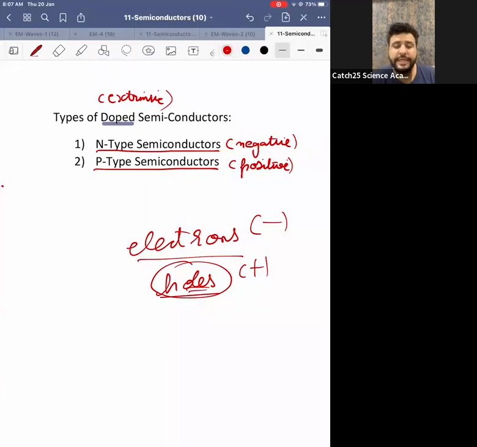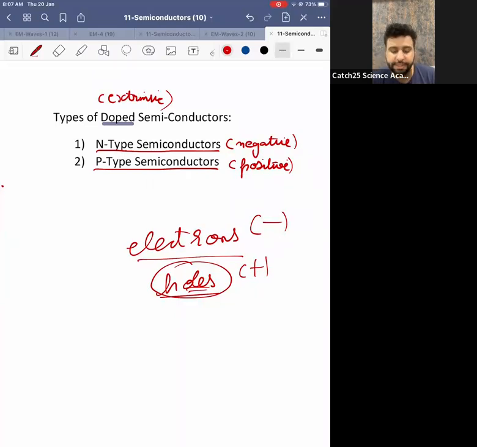The next thing you should understand is all semiconductors, germanium and silicon, have 4 electrons in the outermost orbital. So first, every semiconductor has electrons and holes, not electrons and protons. And second, every semiconductor, germanium and silicon, has 4 electrons in the outermost orbital.